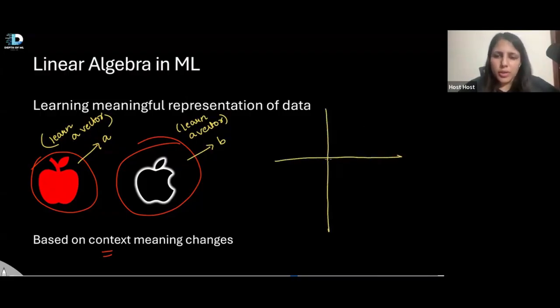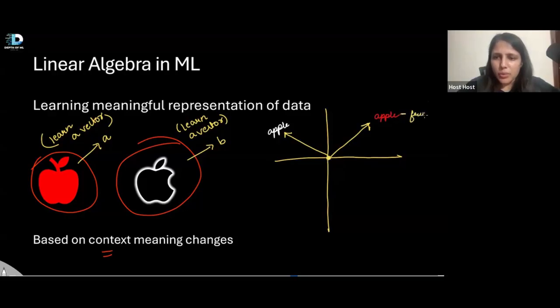Okay. So for example, I have this red apple over here, and this black or white apple over here, and this apple over here. This is the icon, right? So suppose I subtract a representation of, say, fruit from this apple.